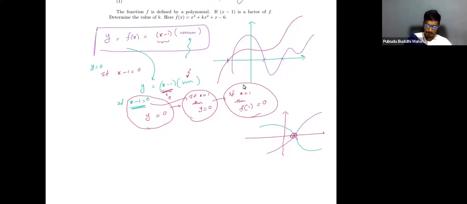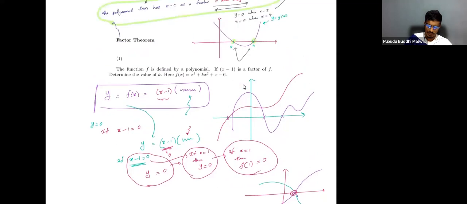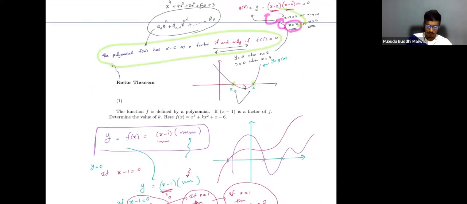So this is the factor theorem here. If x minus 1 is a factor, then f of 1 equals 0.